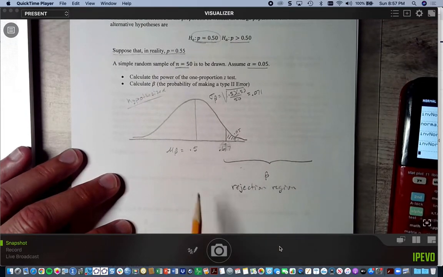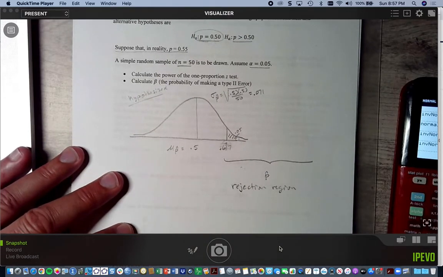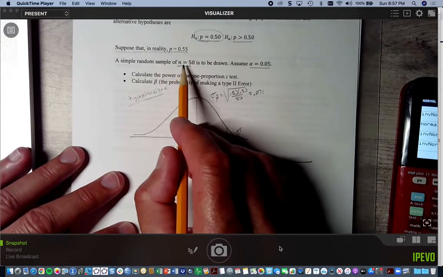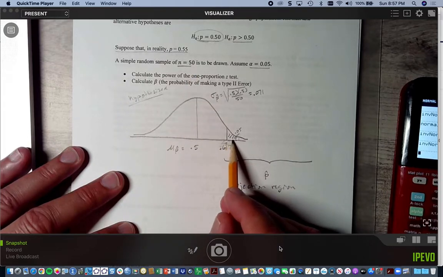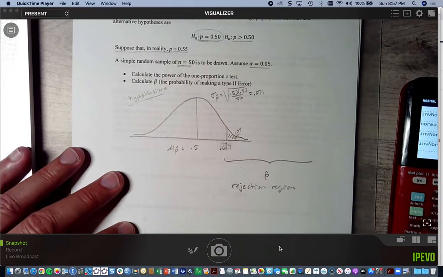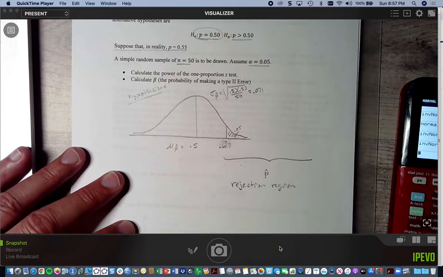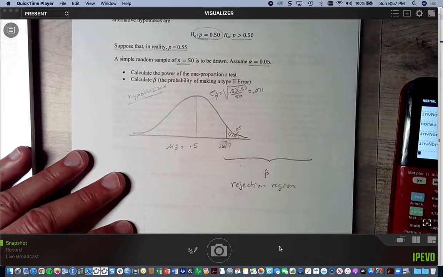This is about what we did, except we're not actually calculating a sample proportion from this. We're just saying that if we get a sample proportion bigger than 61.7%, our p-value is going to be less than 5%.